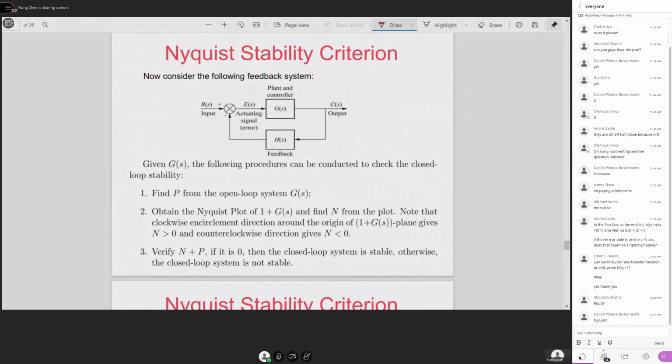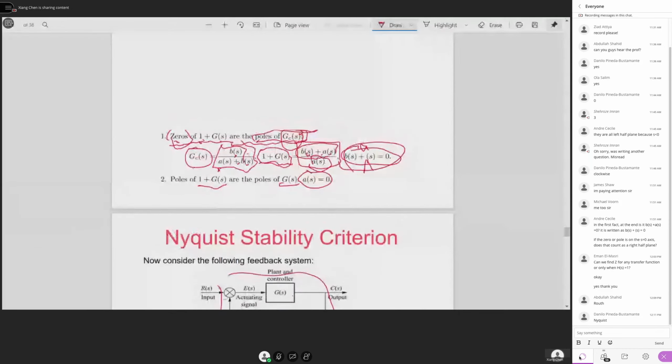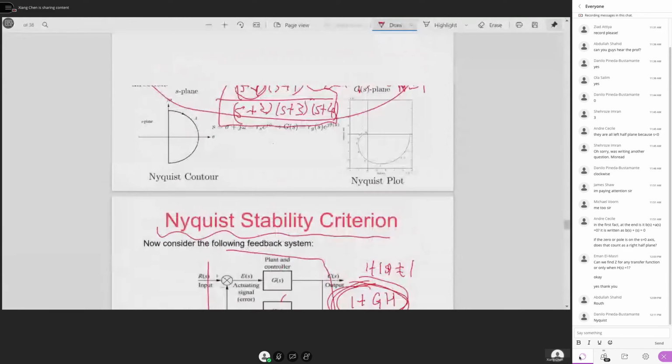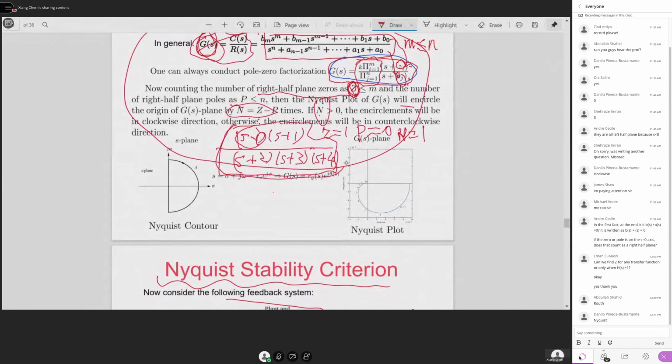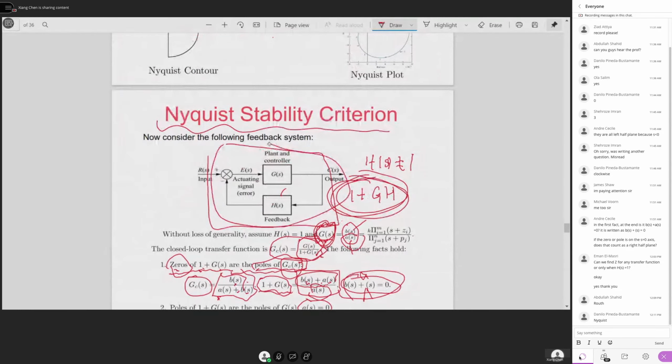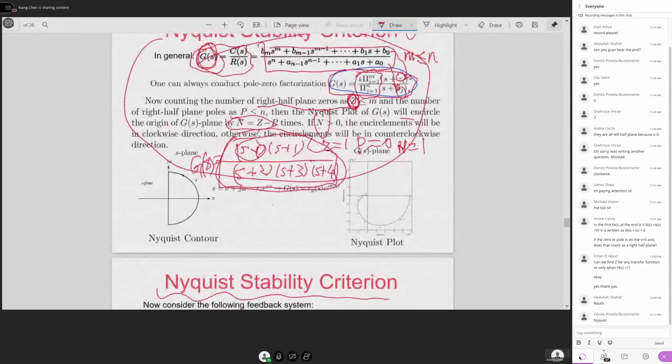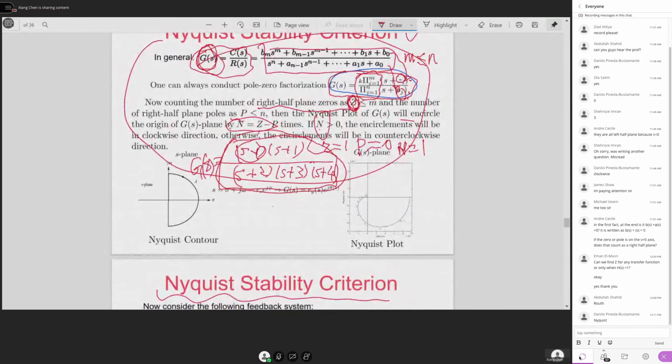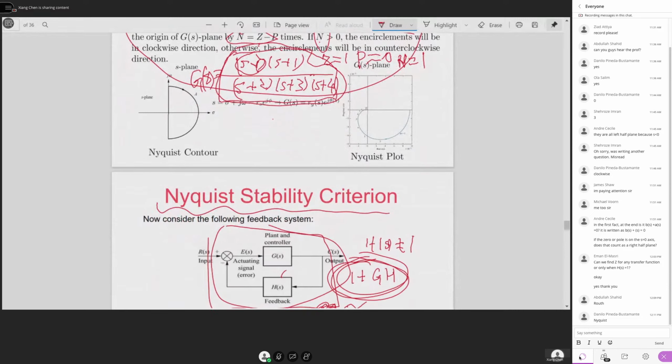Let me see if that example is still here. For this example, let's say this is your G(s), and then you put this G(s) into the closed loop feedback structure. Can someone tell me, will the closed loop system be stable or not in this case?